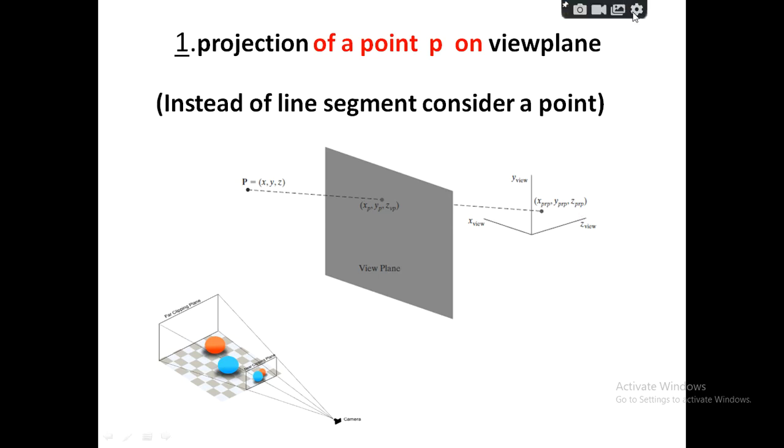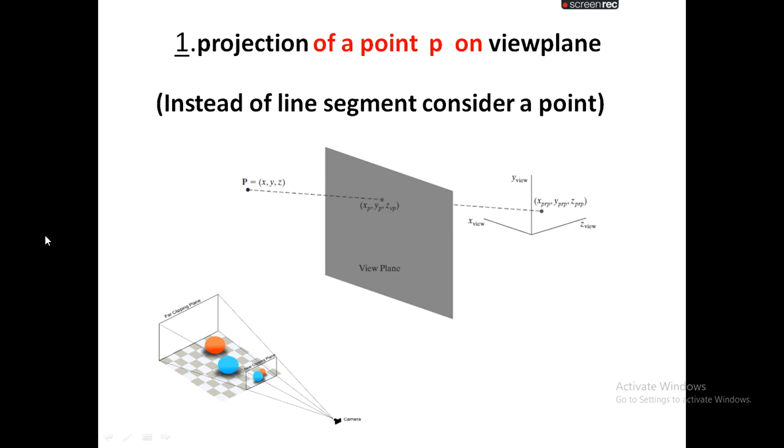This projection reference point also has its own coordinates, x view, y view, z view. These are the viewing coordinates, as if we kept the camera here, or the camera coordinates.